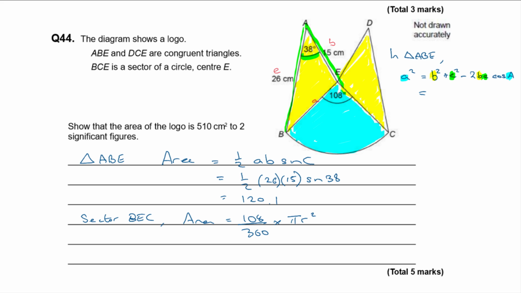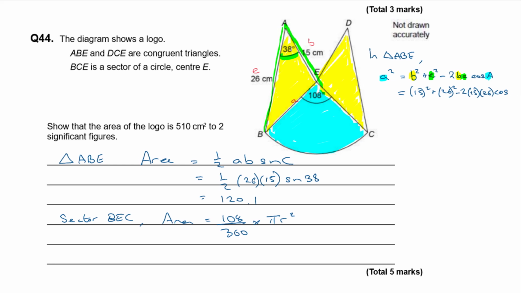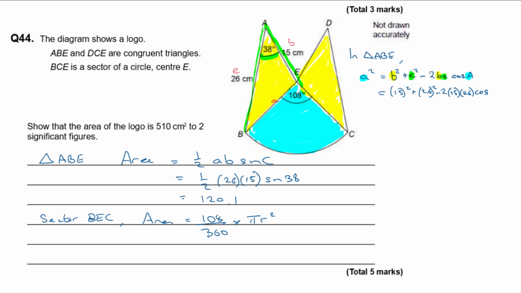So then subbing in carefully, B is 15, 15 squared, E is 26, 26 squared, minus 2 lots of 15, lots of 26, and then that is cos of the angle, which is 38 degrees. Okay, so that's what we need to type into the calculator, obviously very carefully. So I'm going to press the square root this time, so I don't have to faff around in between.